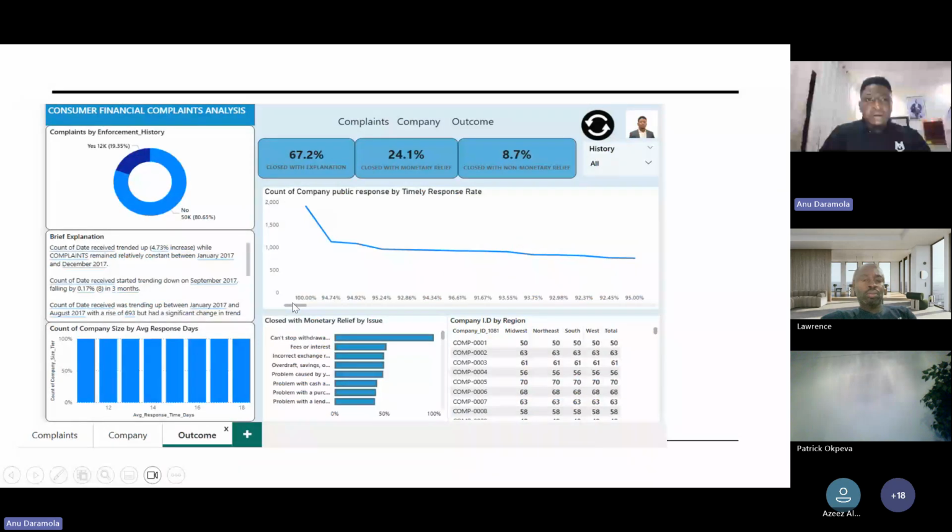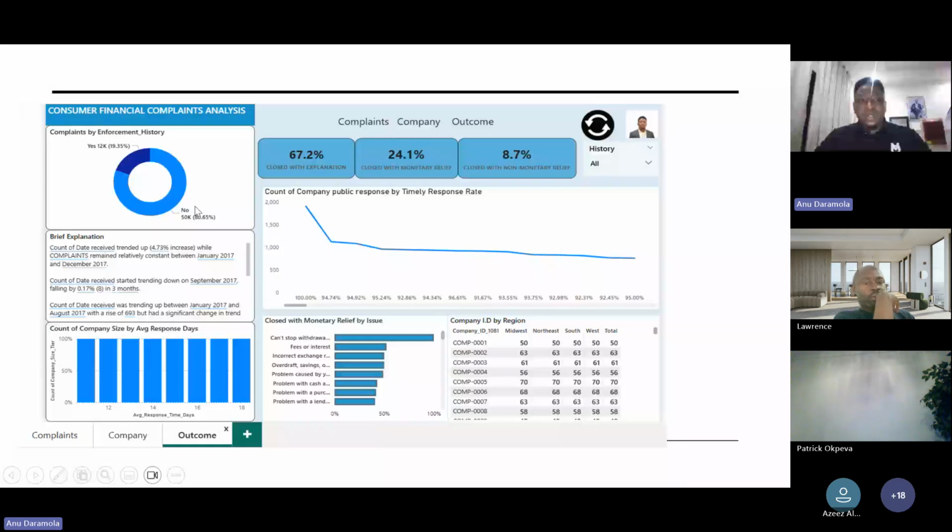So I have this showing the complaints by enforcement history, and this shows that most of the complaints were not really resolved, right? The company had communicated to the customer, but really didn't resolve some of the issues, because when you look at this visual showing the yes and the no, we realize that most of them were not really closed out.